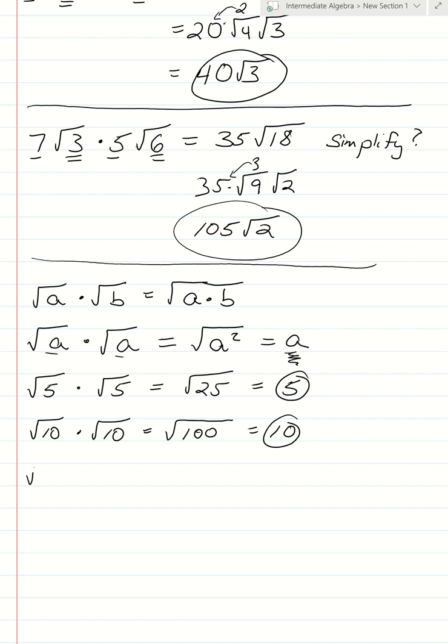Because if I had, let's say, the square root of 23 times the square root of 23, I don't want to be bothered with taking 23 and multiplying it by 23 or going to my calculator. I could simply assume that the square root of 23 times the square root of 23, because the root indexes and the radicands are the same, this is going to in fact equal 23.